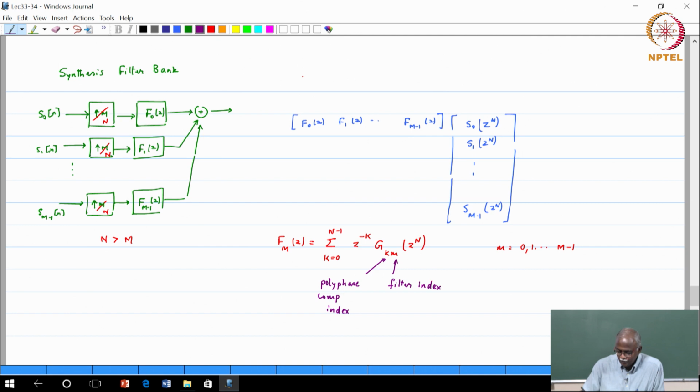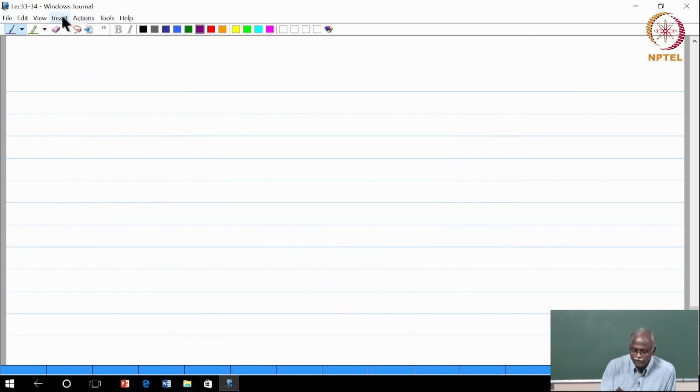So, now if I were to write the expression for this, please help me with it, just verify that you have the correct expression. I want to write down an expression for f naught of z, f1 of z, f m minus 1 of z.